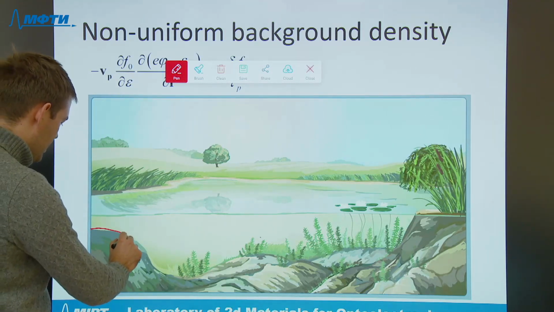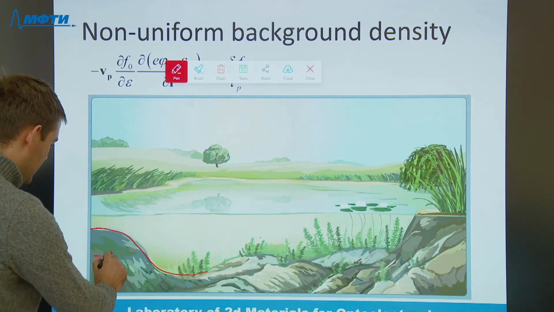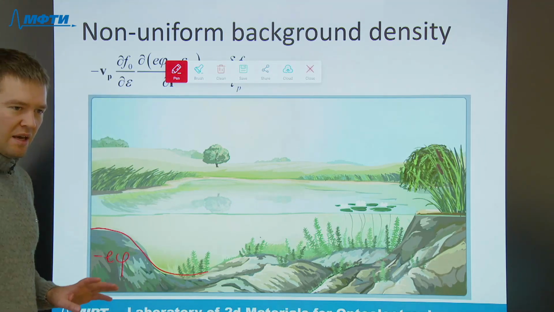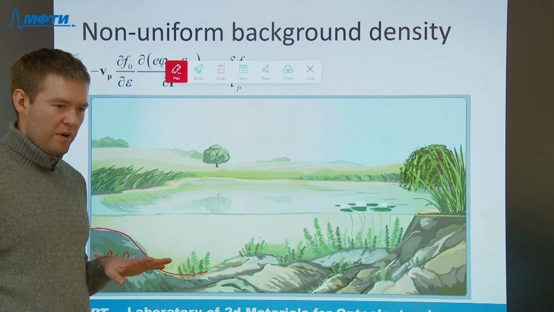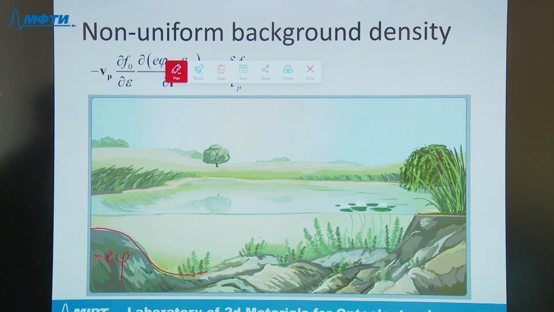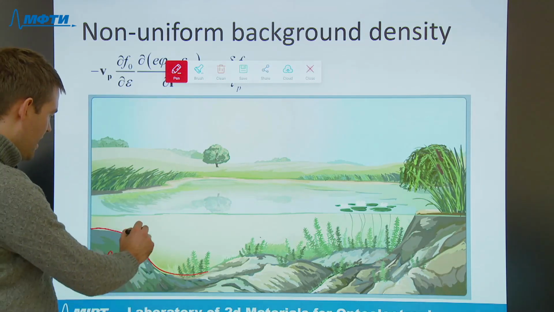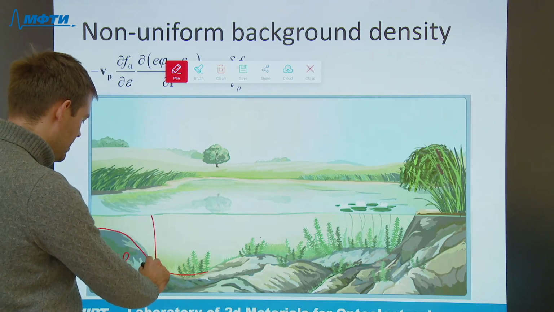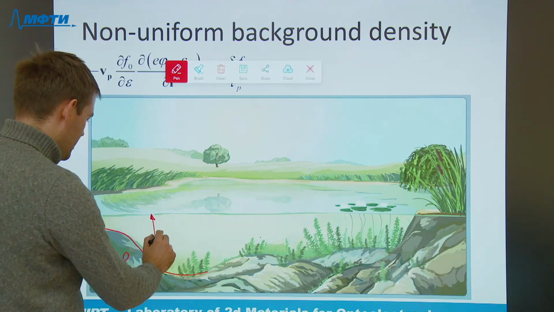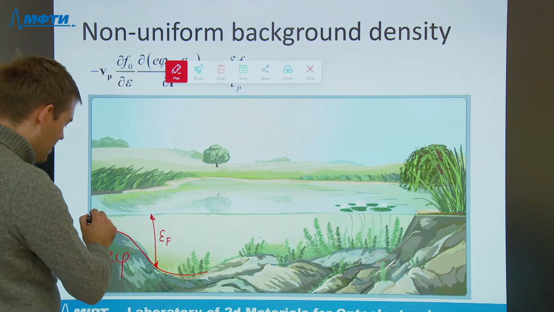The potential energy of an electron in a semiconductor, which is minus the elementary charge multiplied by electric potential, can be associated with the bottoms of ponds or lakes, water reservoirs, which can vary in space. The Fermi energy can be associated with the local amount of water, the local height of the water in this pond or lake.